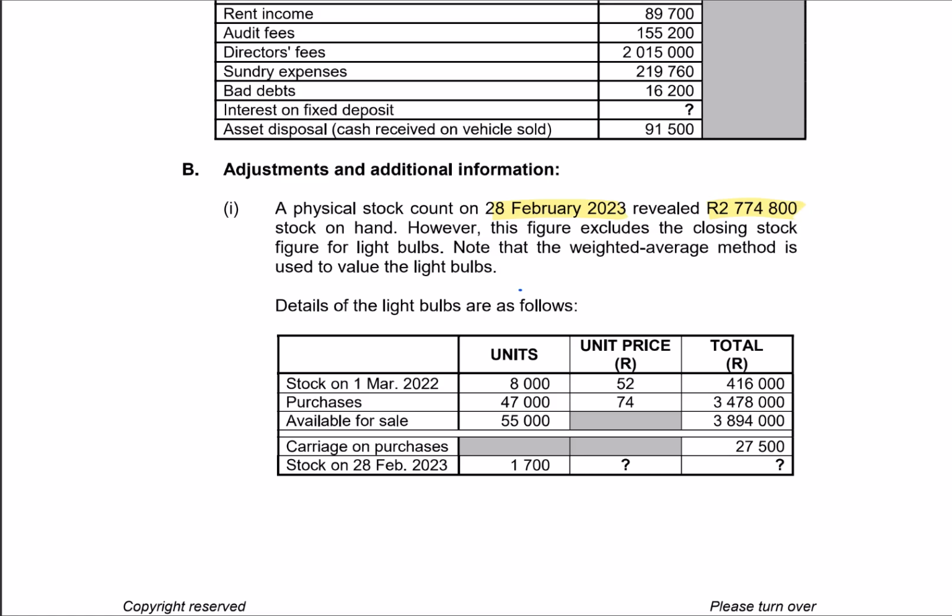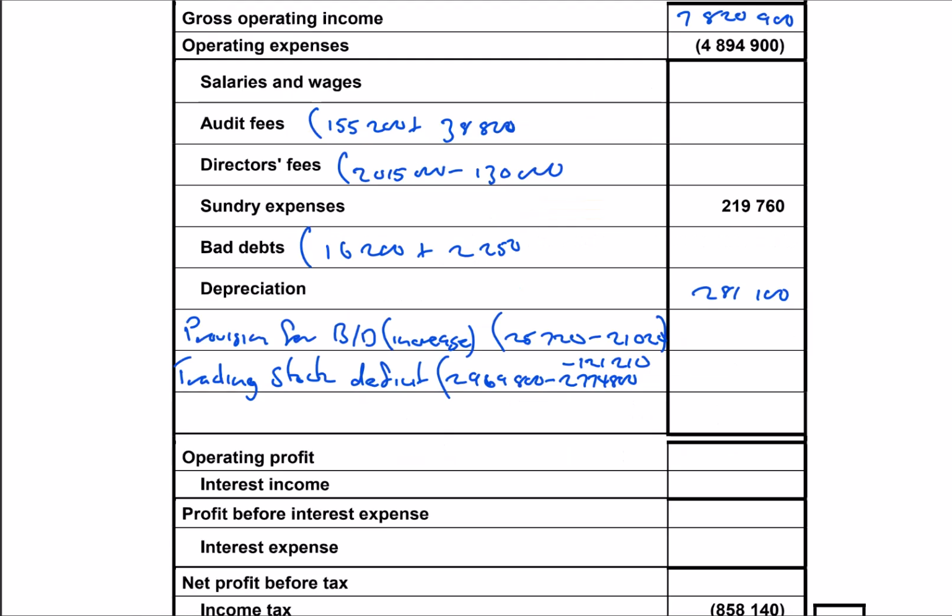So this is 73,790. Then provision for bad debts is 25,720 minus 21,020. That's 4,700.